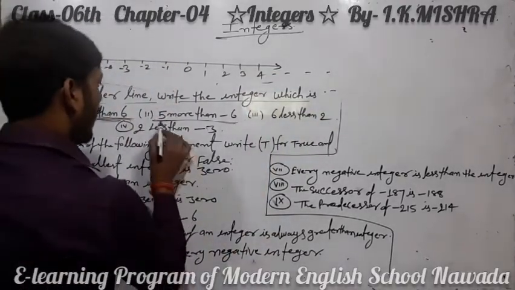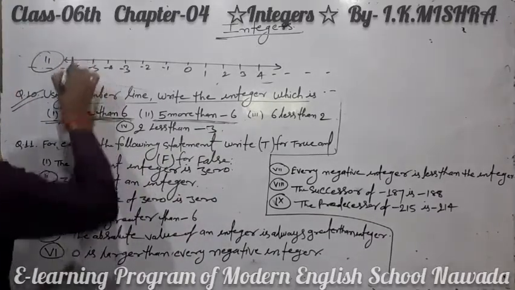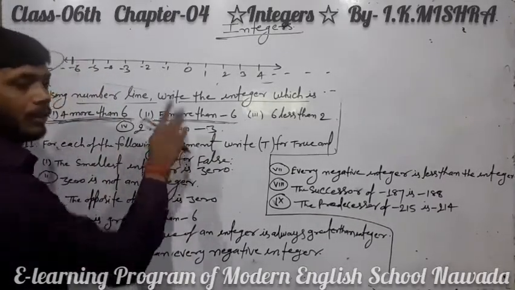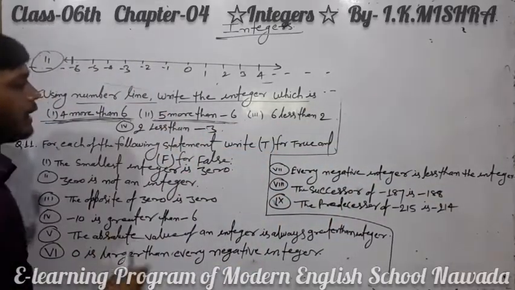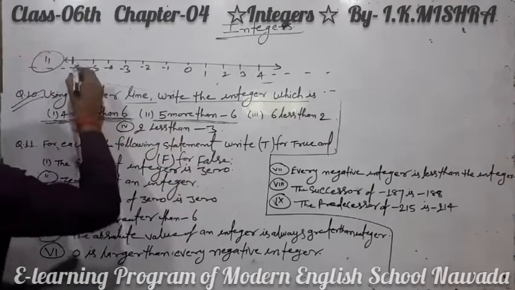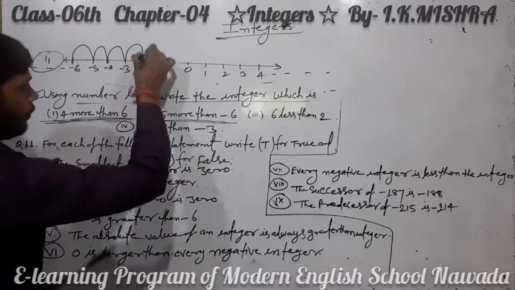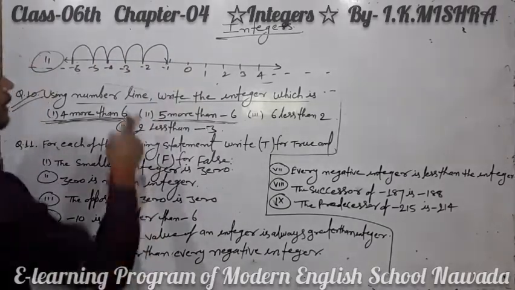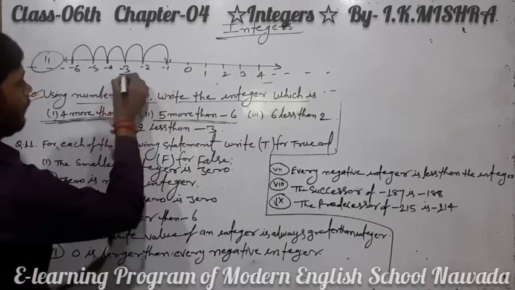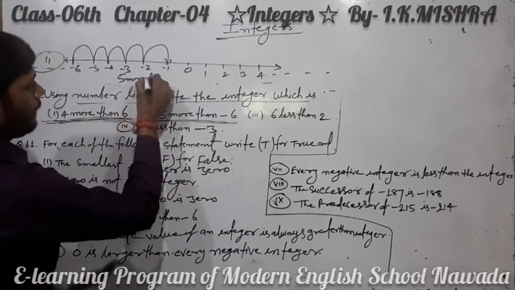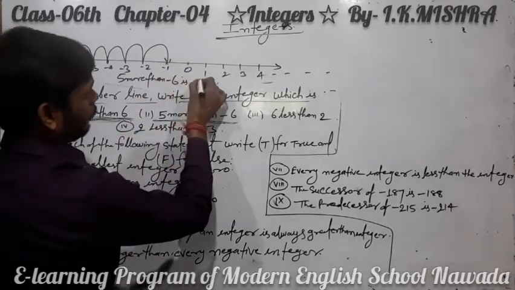First of all identify minus 6 and go more, that means left to right. Then you go 5 steps: 1, 2, 3, 4, 5. Its answer is equal to minus 1. 5 more than minus 6 is minus 1.